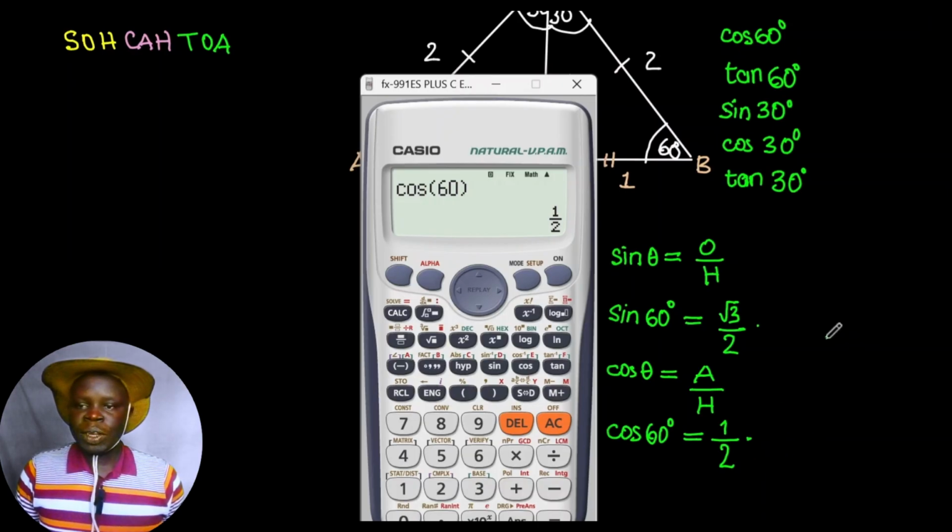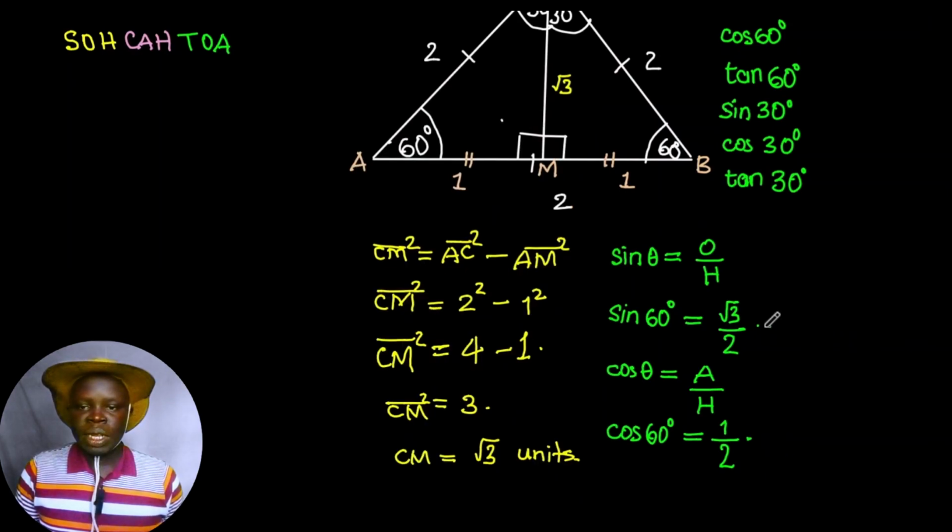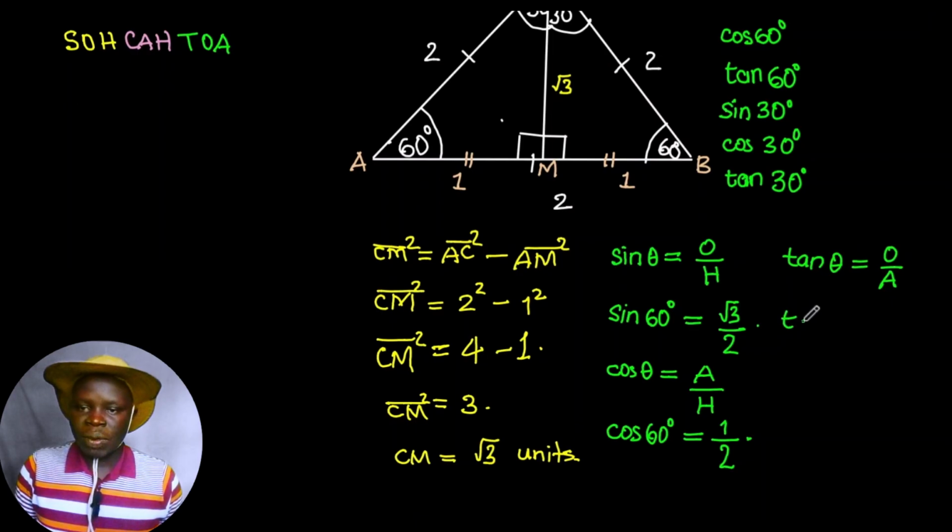The next one is tangent. Tangent of theta is given by opposite over adjacent. So from here, our theta is 60 degrees, and this is equivalent to the opposite, which is root 3, over the adjacent, which is 1.